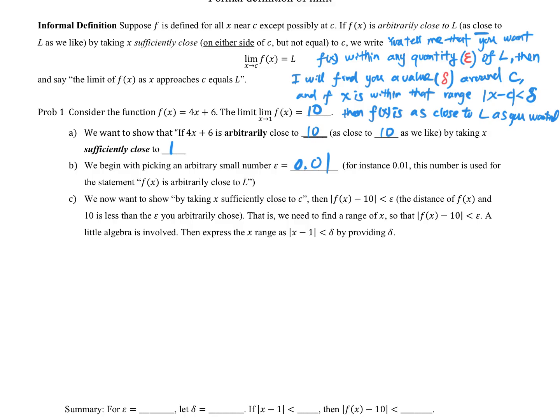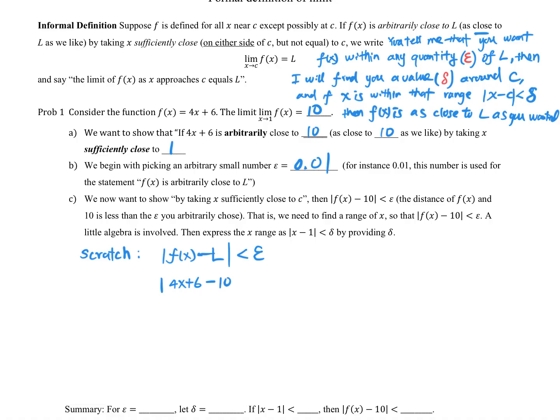So here's what I would do. I'll call this the scratch work. It won't be my formal proof. Because I want this absolute value of f of x minus L to be less than the epsilon that you specified. In this particular case, f of x is 4x plus 6, minus L, which is 10, the limit.